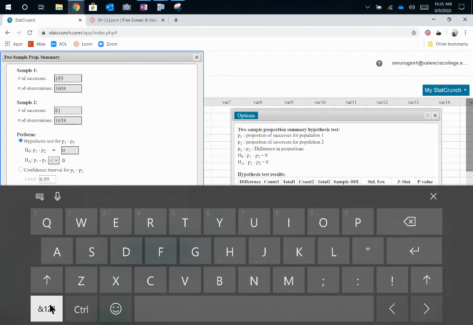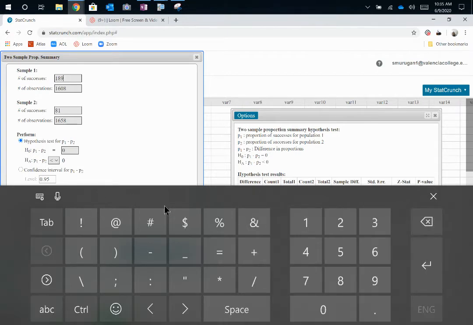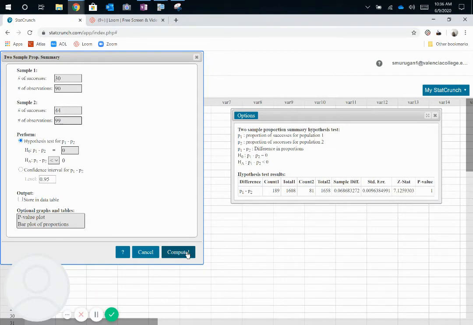Okay, so 30, 90, 44, 99. Everything else is set up, 0 and less than. Right, the less than symbol is there already. So we go ahead and compute.